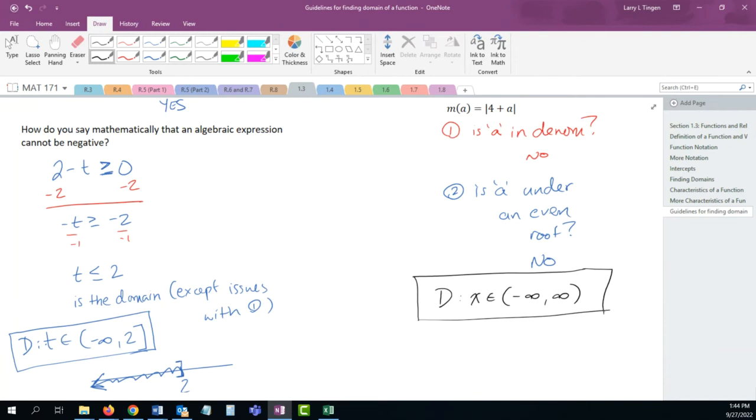I cannot get an a that causes division by 0. I cannot get an a that is under an even root, because there is no denominator here, and there is no even root. Okay?